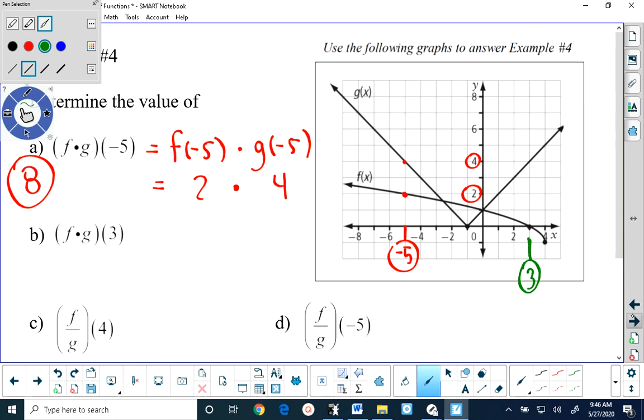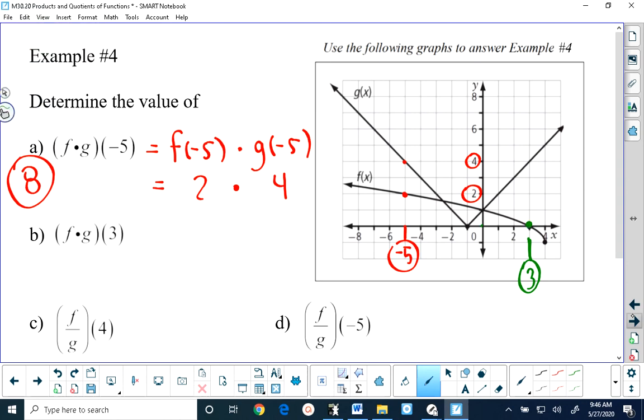And we're going to read the y-coordinate of f, which will be 0, and the y-coordinate of g, which will be 4, and we have to then say that this will be equal to f of 3 multiplied by g of 3, and that's equal to 0 multiplied by 4. When you take 0 times 4, you get 0, and that's the answer to B.